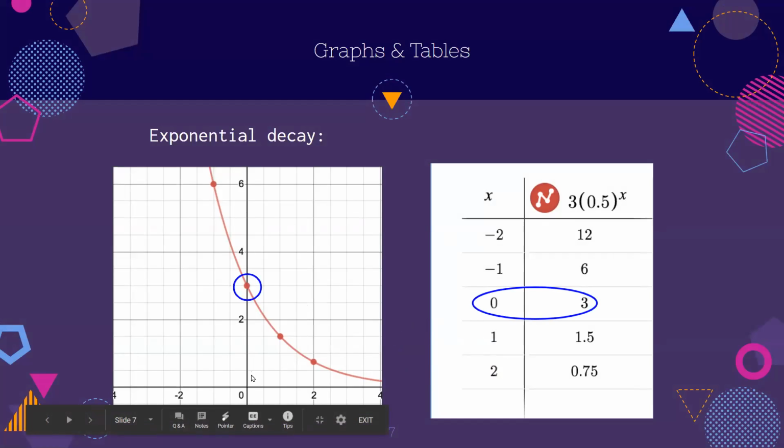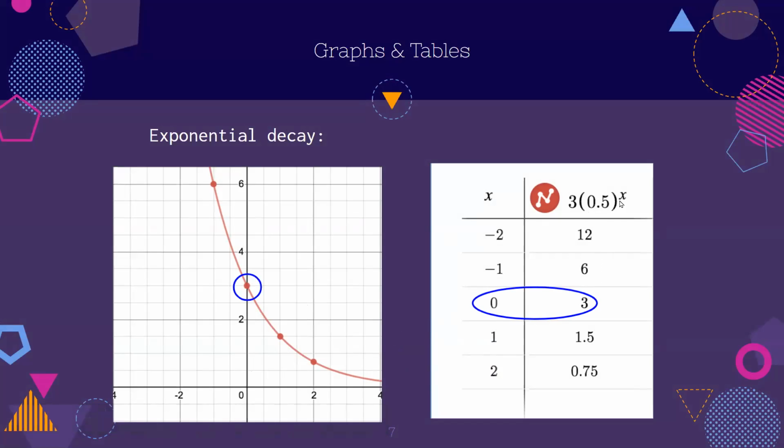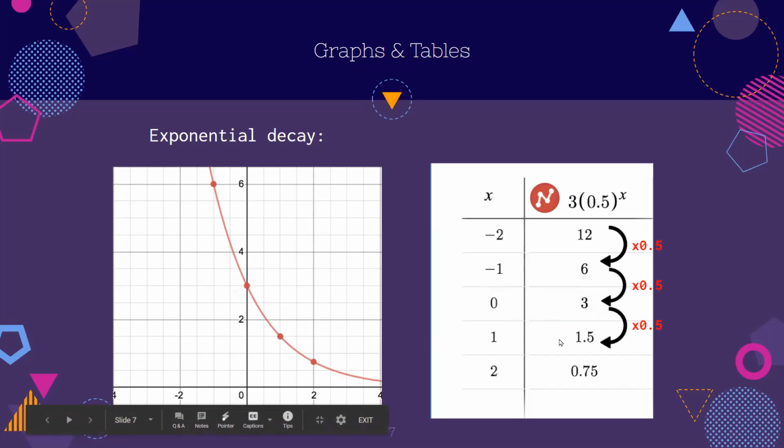When the x value is 0, the y value is 3, because 0.5 to the power of 0 is 1, and that multiplied by 3 is equal to 3. When the x value increases by 1, we multiply the y value by 0.5. It just decreases by half each time.